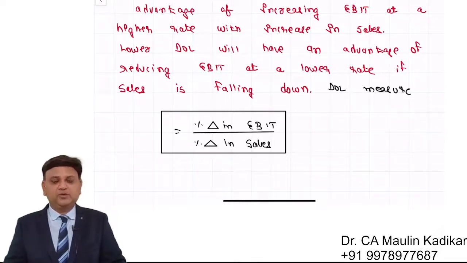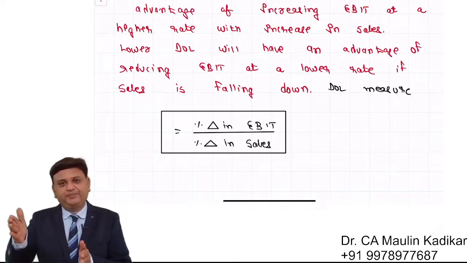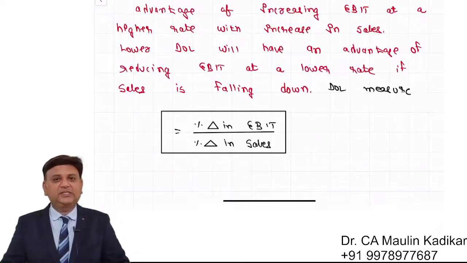And suppose you are not confident, then you should go for the plan which is having the lower fixed cost, lower leverage. In that case you will make progress at a lower rate, but of course that will make sure that you will not be having any sharp fall if the sales is falling down.